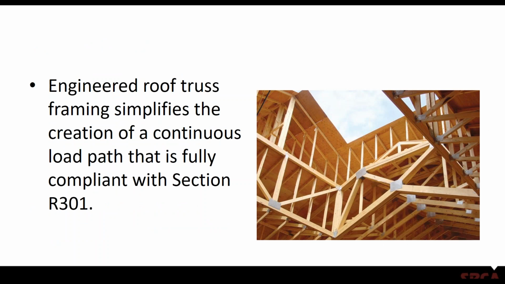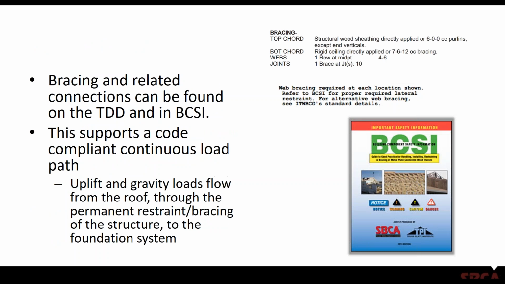Engineered roof truss framing simplifies the creation of a continuous load path that's fully compliant with R802.1 of the IRC. The bracing and related connections can be found on the truss design drawing and in BCSI, which also supports the requirements of the code to make it compliant with continuous load path.